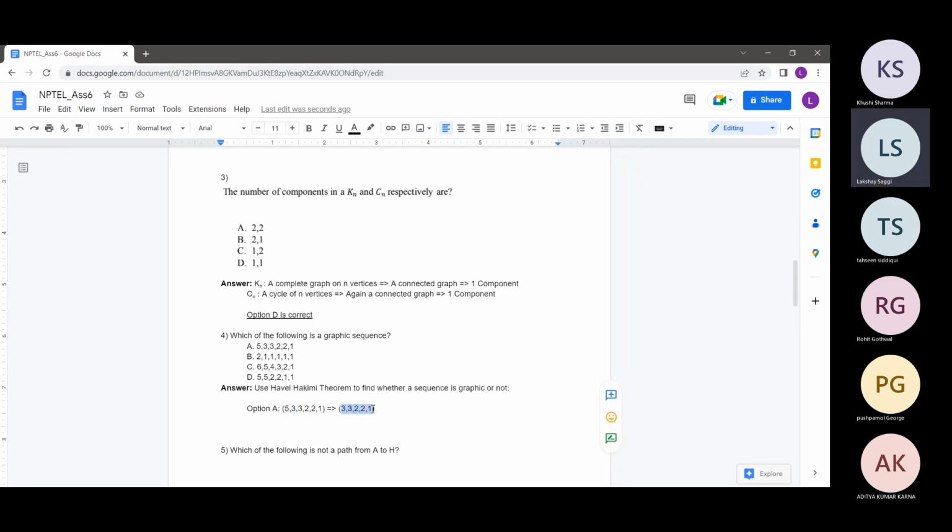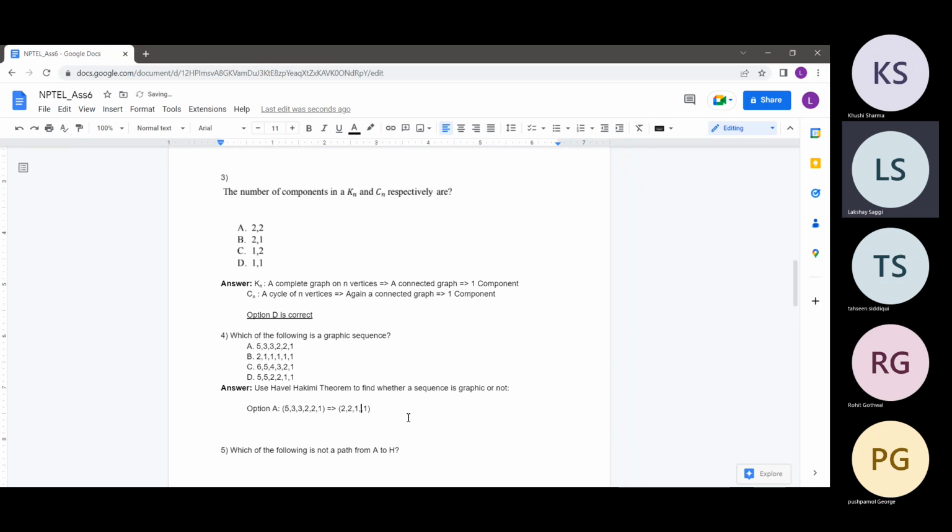As we can see here, there are only 5 entries, so we'll be decreasing all of these values by 1. This 3 will become 2, this 3 also becomes 2, this 2 becomes 1, this 2 becomes 1, and this 1 becomes 0.